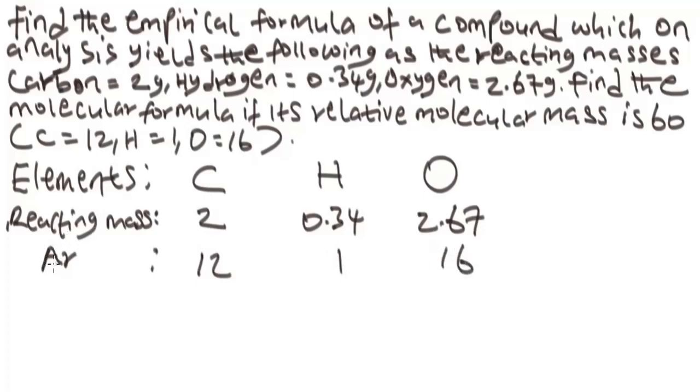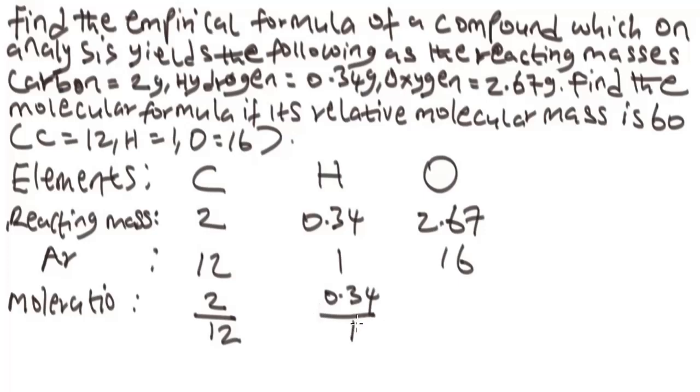Now you look for the mole ratio. Mole ratio will be reacting mass over relative atomic mass. So it's going to be 2 over 12 for carbon, 0.34 over 1 for hydrogen, and 2.67 over 16 for oxygen.